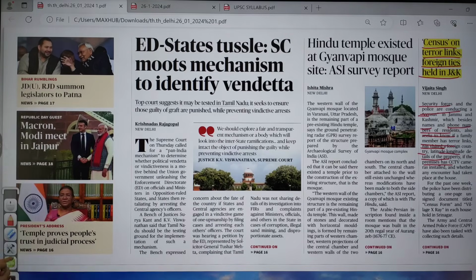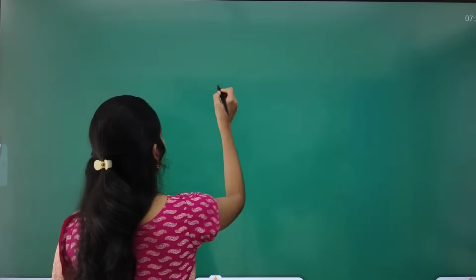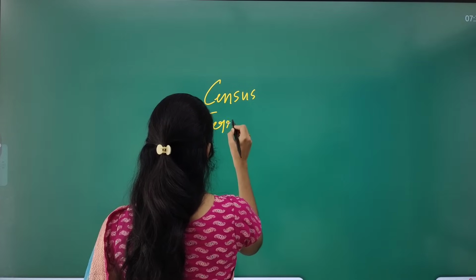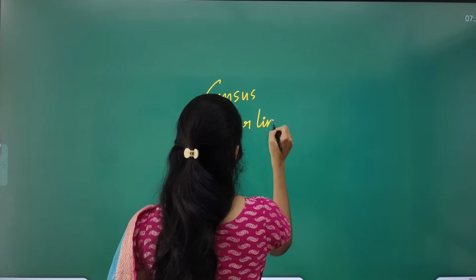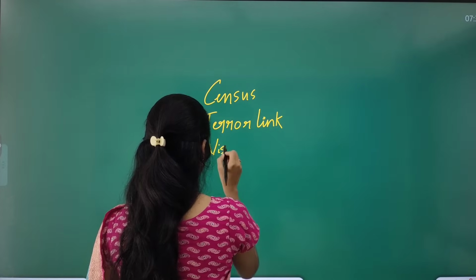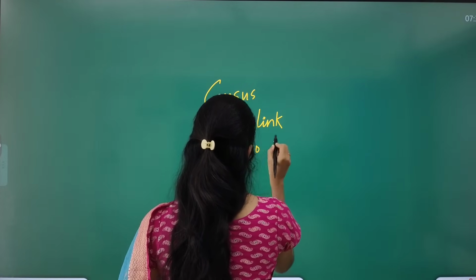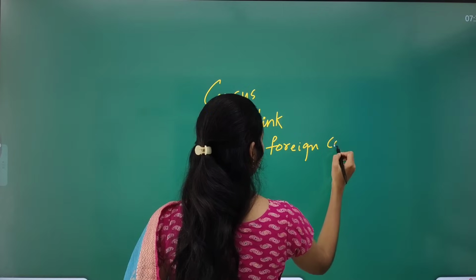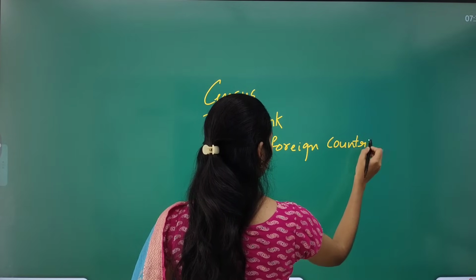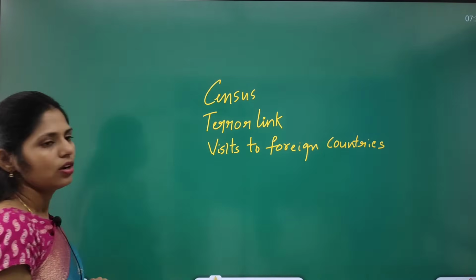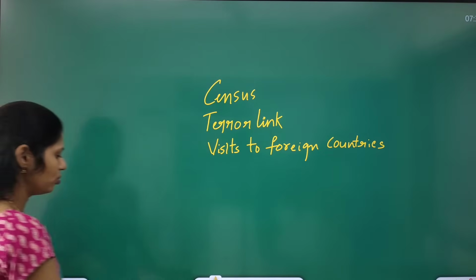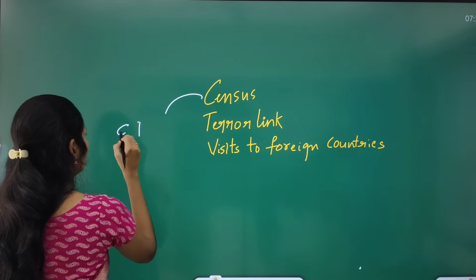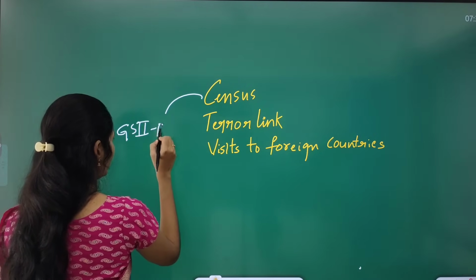Now let us see the dimensions regarding this article. This article is talking about a census, terror links and visits to foreign countries. Here we have to know some important dimensions. We can connect this article with GS paper 2 under polity.